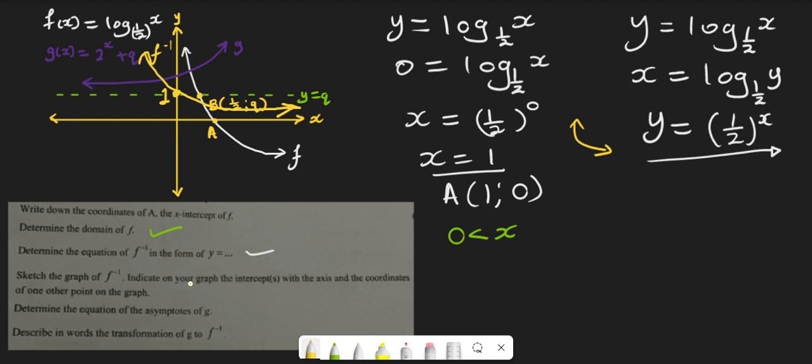And then from there, they said you need to indicate one other point besides the intercept. So to find one other point, you need to know the x value or the y value. It's up to you what you decide to put there as a point. So if you choose to put -2 as the x value, you go to your equation and say your x value is going to be -2, which means your y value is going to be 4.